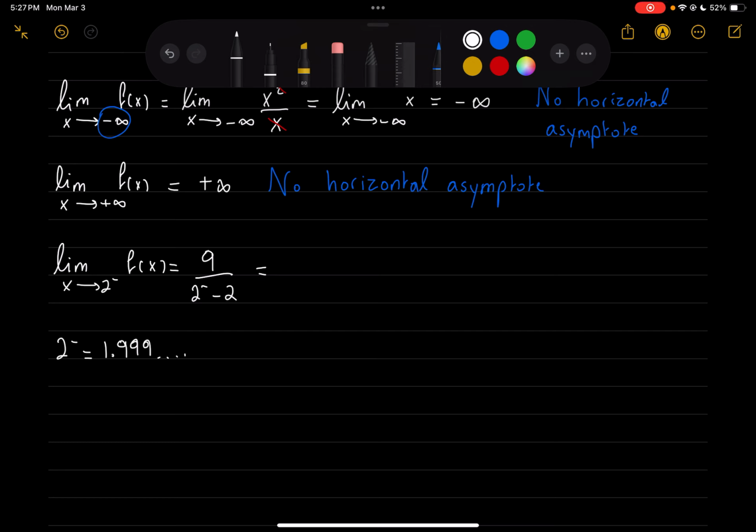So we represent it as 9 over 0 minus. Any number over 0 should be infinity, and a positive number over a negative number is negative. So here x is going to a number, and the answer is infinity. Therefore, x equals 2 is a vertical asymptote.